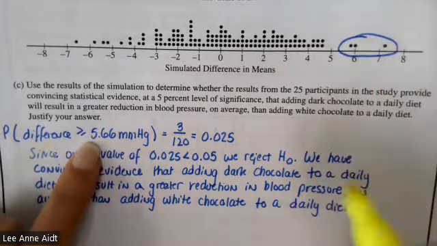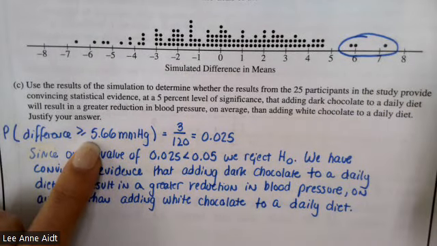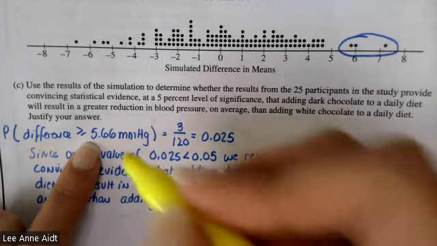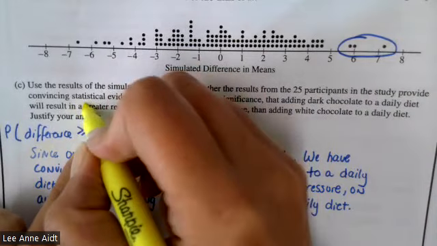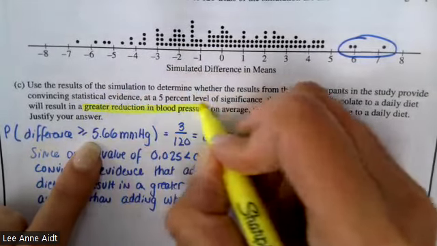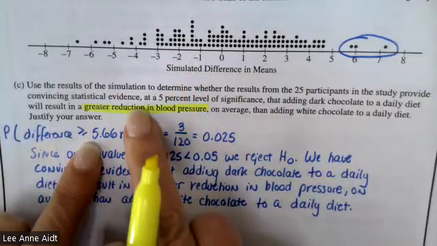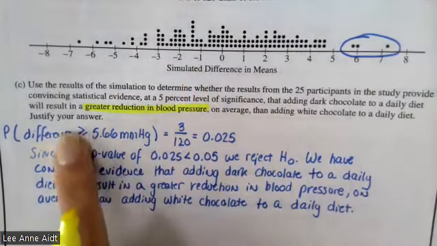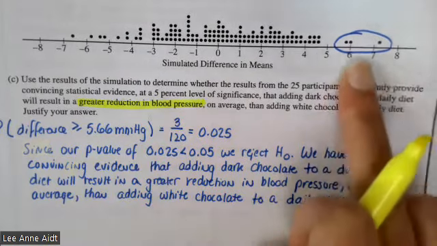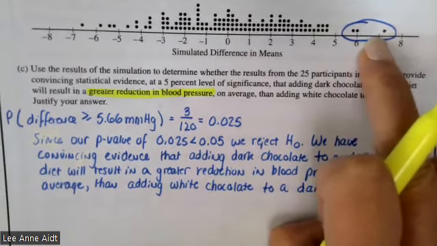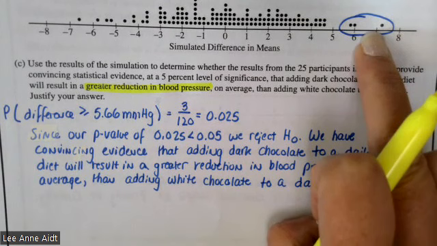The reason I said greater is that it says greater reduction in blood pressure, so that means a greater difference. I took the difference from the previous problem, and those 3 dots were the only ones above 5.66.